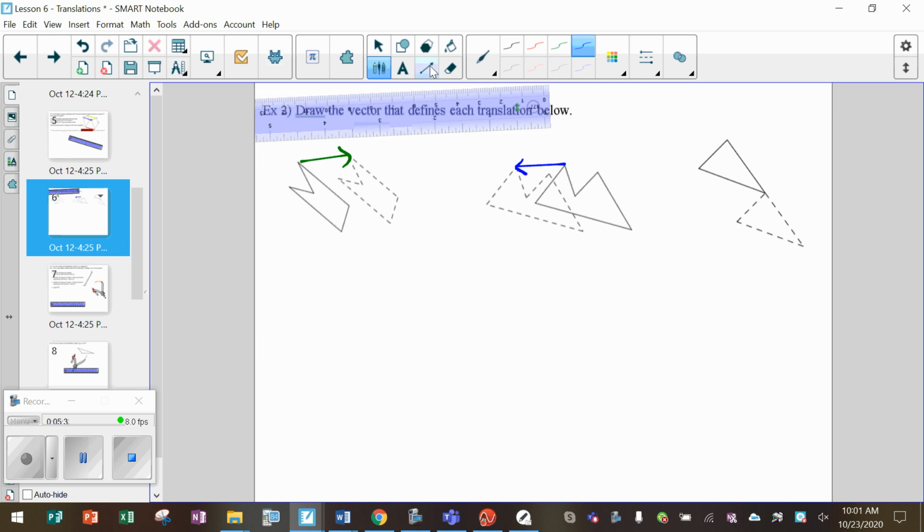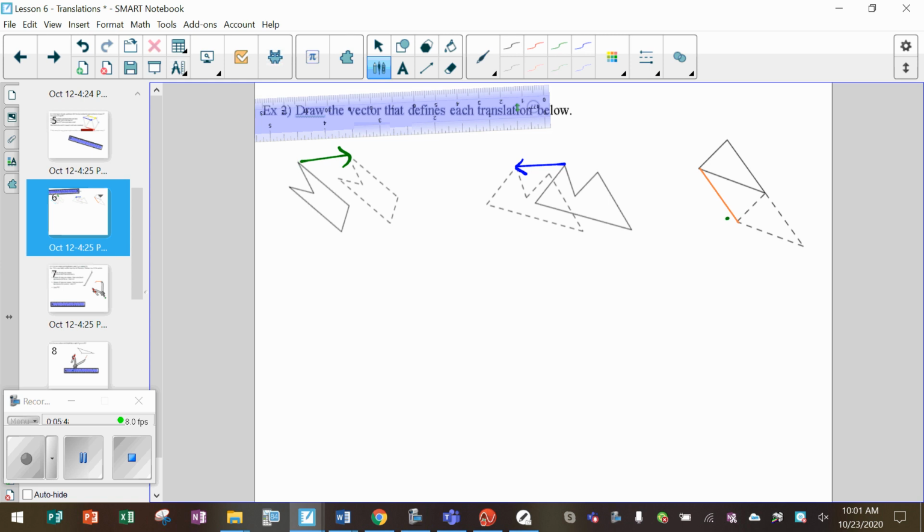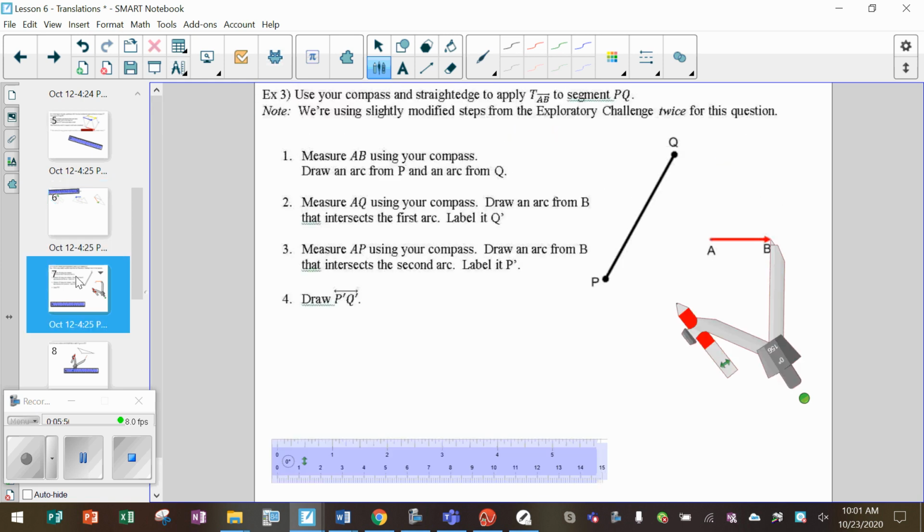And we're going to do that with each one of these examples, and you may be faster than me. I don't know, because I'm not where you are. And once we have all three of our vectors drawn, okay, it's not orange, but that's all right. Then we can move on to how to do the actual construction.